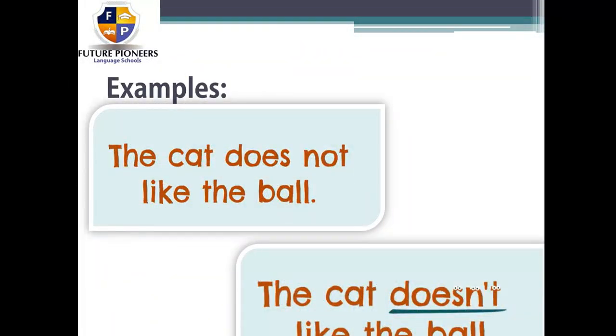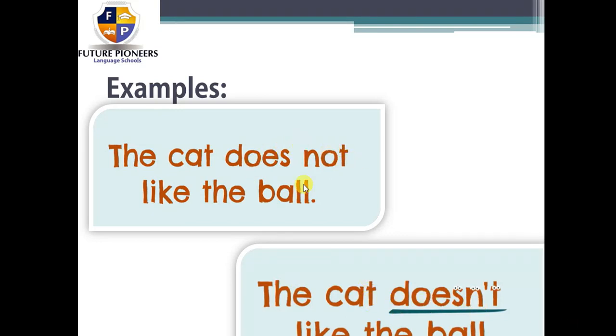Let's see some examples. The cat does not like the ball. A word, another word, and instead I'm going to combine them together to form only one word in the shortened version. The cat doesn't like the ball. Can you see?